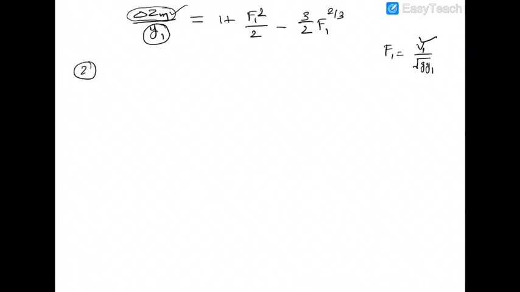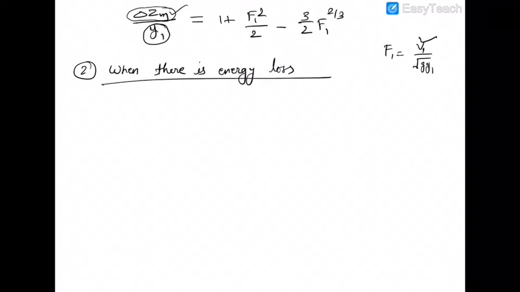Now we take the second case when there is energy loss. The energy equation in this case will be E1 is equal to E2 plus delta Z plus loss of head.